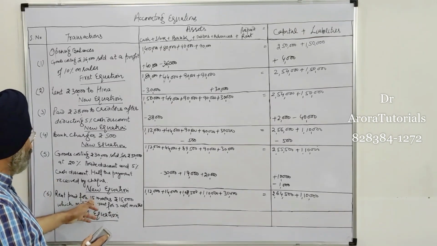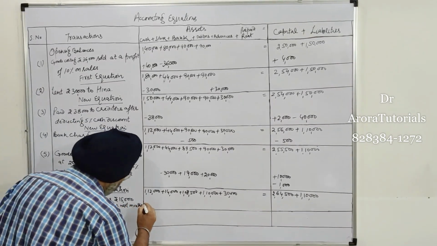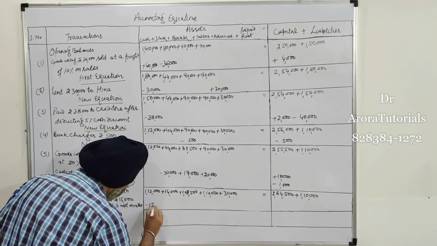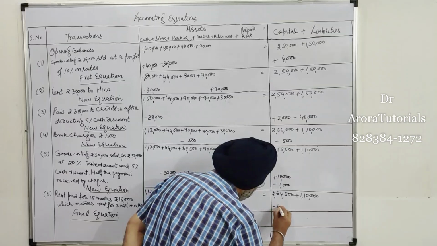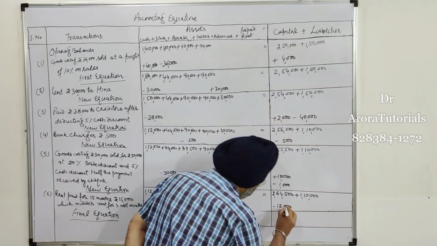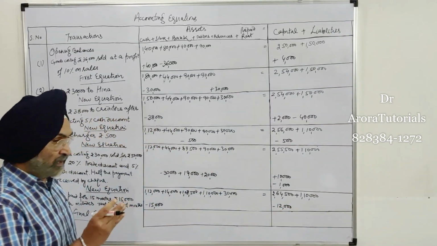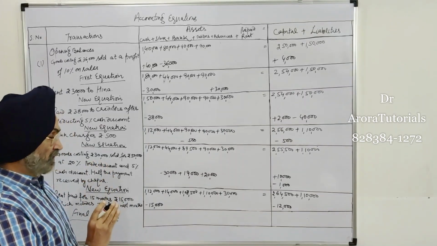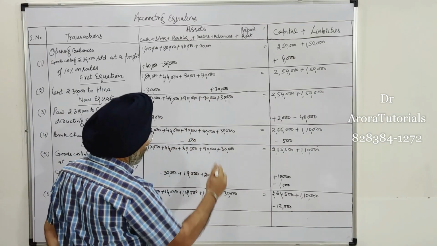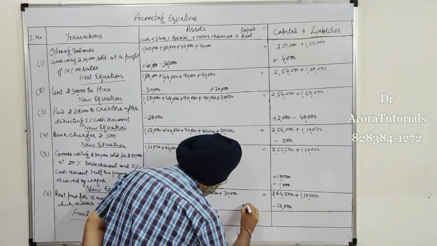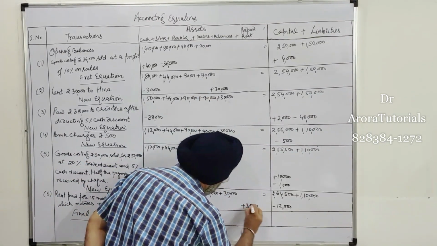So that means 15,000 cash has decreased, but our expense will be 12,000 only. The expense related to the current year, and 3,000 is our prepaid rent. So prepaid rent will be one of our current asset.